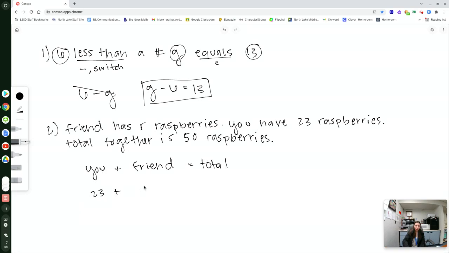Your friend's raspberries was R. Okay, I know you might be able to figure out what R is, but it doesn't ask us to. It wants us to use R in the equation. And then that equals the total, which was 50 raspberries. 23 plus R equals 50. Again, we are not solving this. It just says to write an equation you could use to find R, not to actually find it.